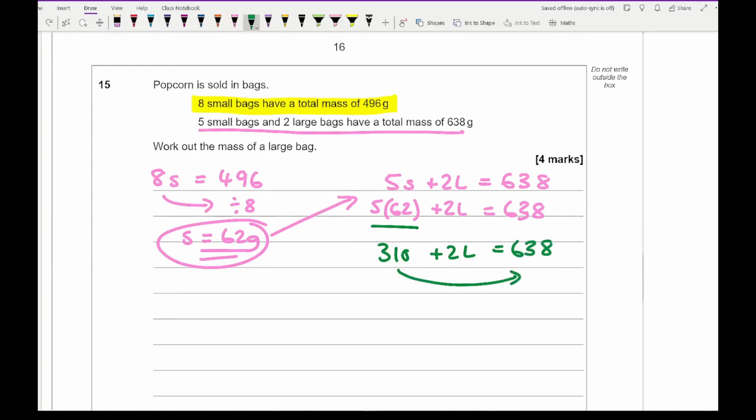I can take the 310 over to the other side by subtracting, so 2l equals 328. I can then divide by 2 to work out the value of 1l, which is 164 grams. And there is my answer for that one.